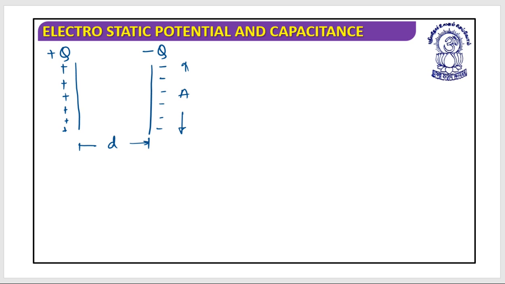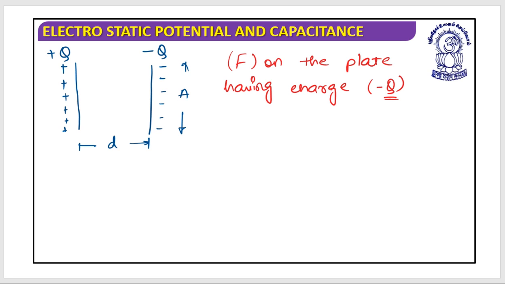Now I need to find the force on any one of the plates. Let's suppose I want to find the force on the plate having charge minus Q. That is my requirement. If you remember, when we are supposed to find the force, we have a similar approach.